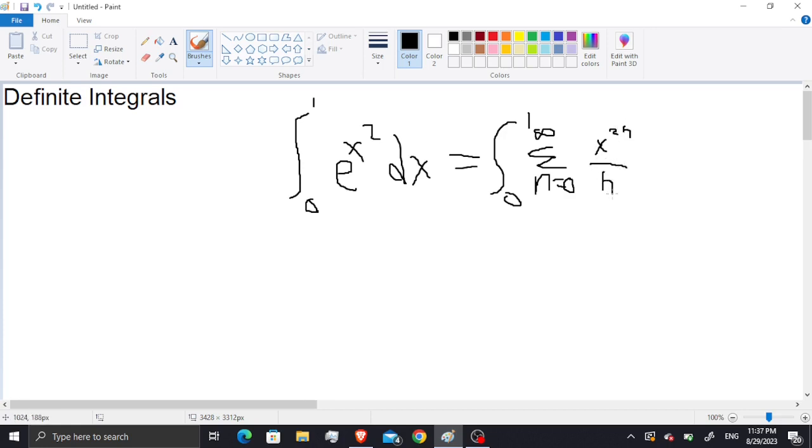And then you could just integrate this term by term, and then you'll have, let's see if I remember. It should still be the series n equals 0 to infinity, and then since it's 2n, you got to add 1 to the exponent.